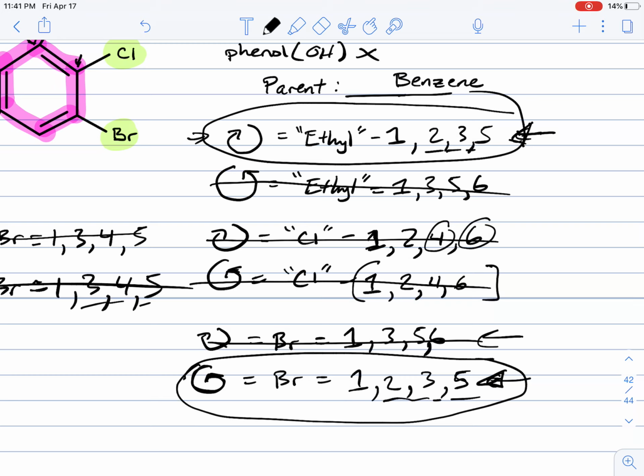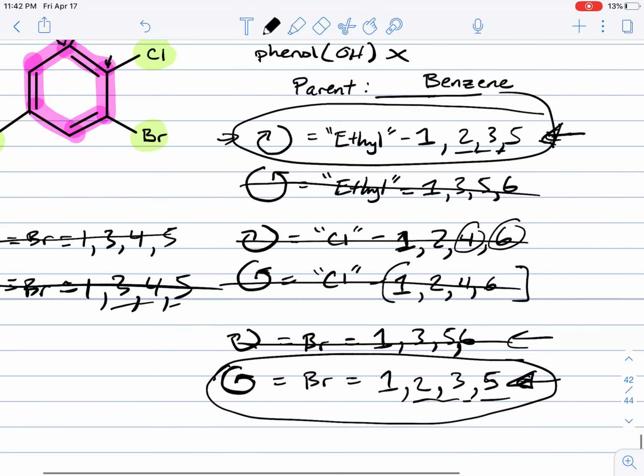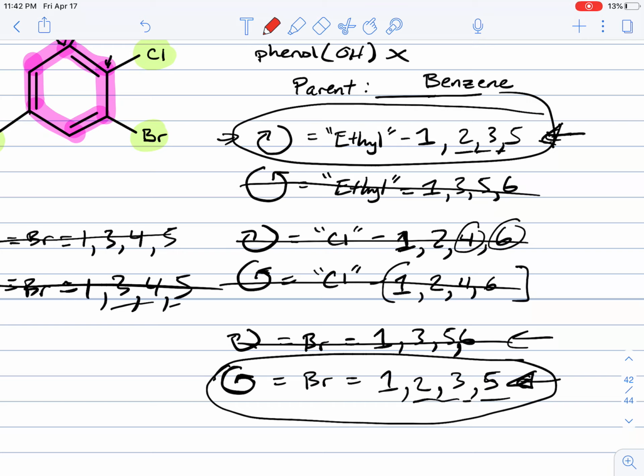And so we're going to ask ourselves which numbering system we're going to use. And so it turns out that in this scenario, we're going to go ahead and choose the numbering system based on alphabetical order. And so B comes before E. And so we're going to go ahead and use this numbering system.